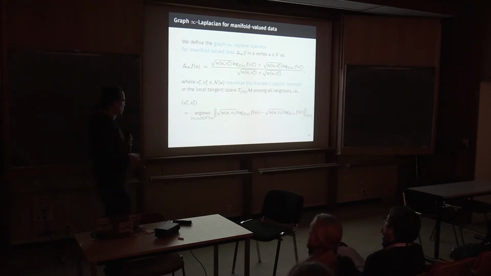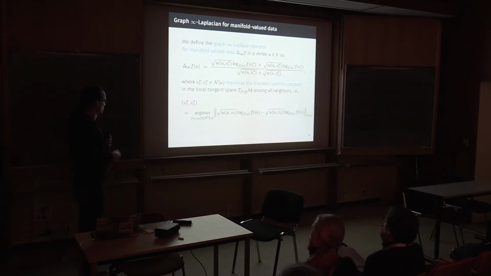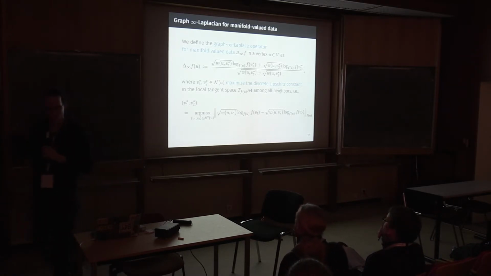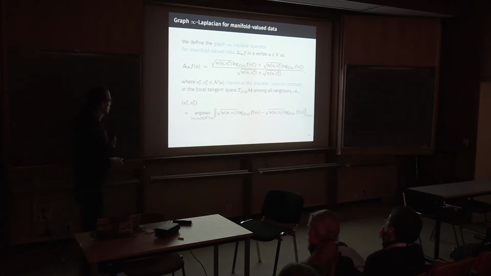So we work on a tangent plane of f of u and look for the Lipschitz maximizing tuple v1 prime, v1 star, v2 star, and then this we define as the graph infinity Laplacian. So we maximize the discrete Lipschitz constant among all neighbors and use them to define the graph infinity Laplacian.